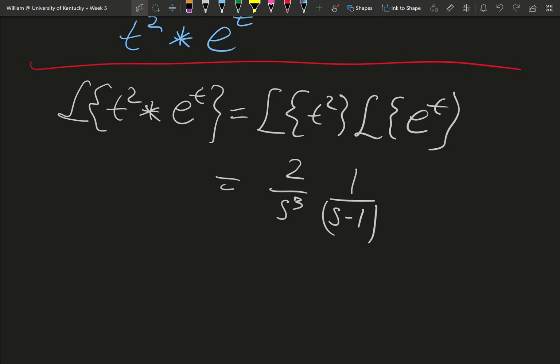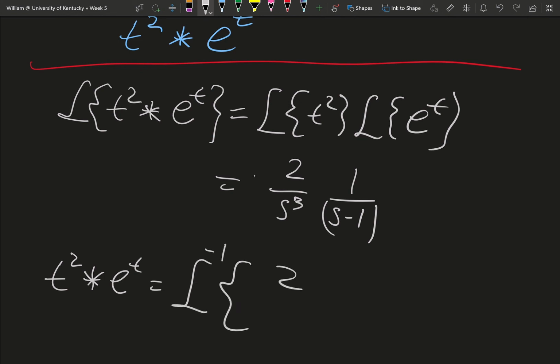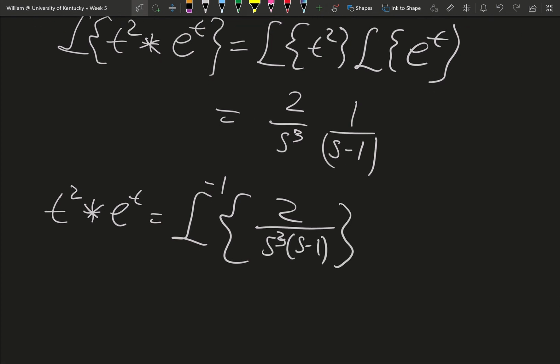To compute the inverse Laplace transform, which is what we need to do, we have to do partial fraction decomposition. It's kind of annoying. It's going to have 4 terms, but they're pretty simple terms. And if we wanted to do the convolution, we would have to do a double integration by parts. So we have to do some partial fractions, but we're avoiding a double integration by parts. I think that's definitely worth it.